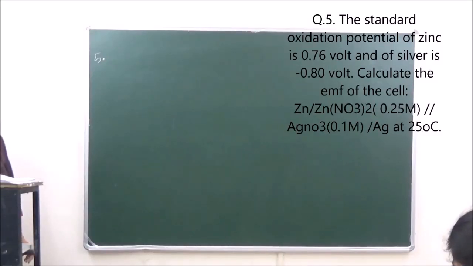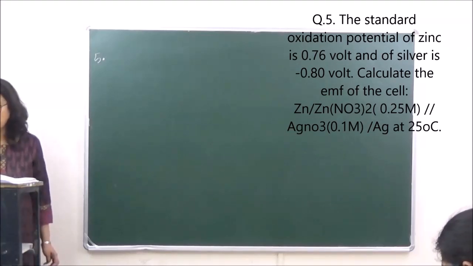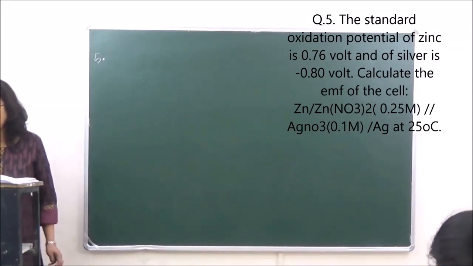The standard oxidation potential of zinc is 0.76 and that of silver is minus 0.80 volt. Calculate the EMF of the cell.